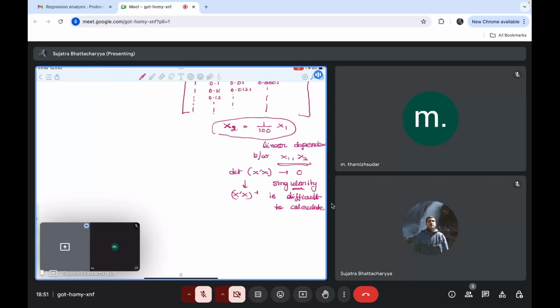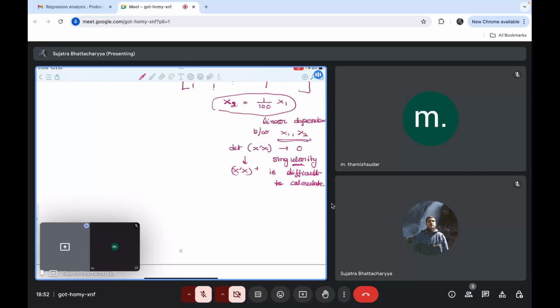But how can we remove this kind of linear dependence? There is a process to remove this linear dependence, which is to use centering. Remember, in the multicollinearity concept, we did a similar thing: we used centering and then scaling.